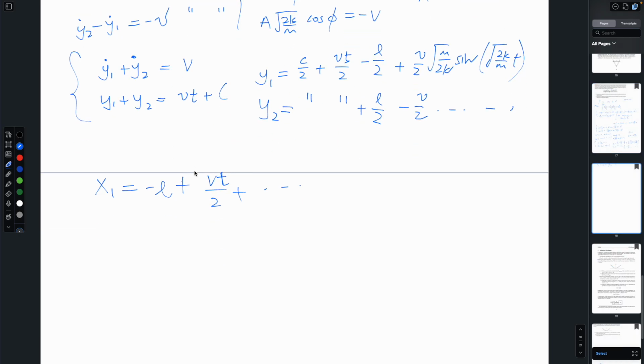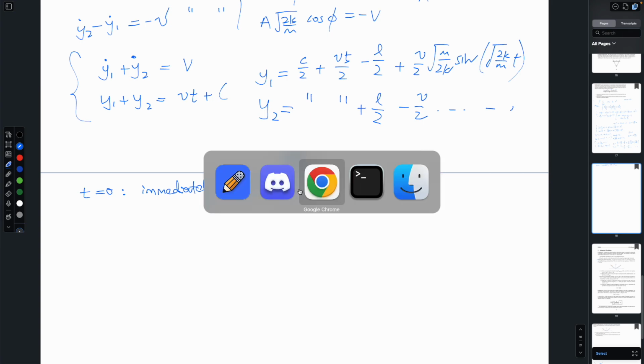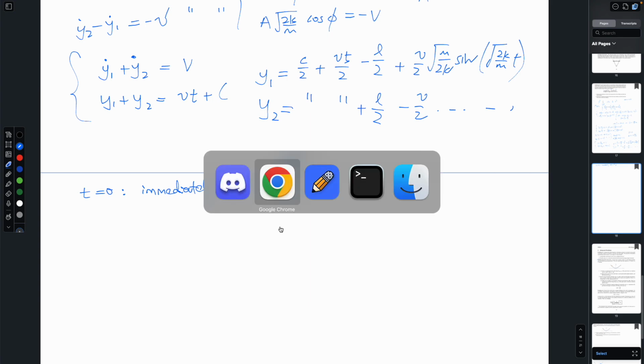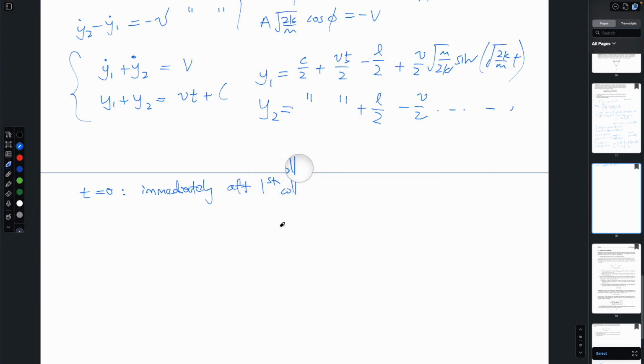Okay, so before I write the equation of motion, we define time equals 0 as the time immediately after the first collision. Yes, correct. The solution is y3, because the equation of motion is the same.